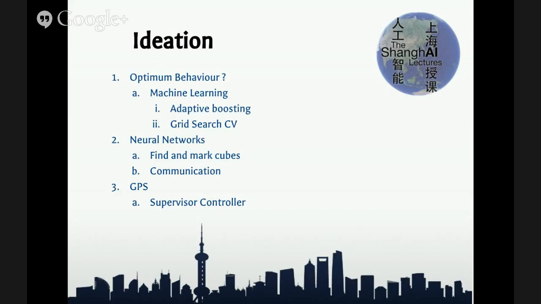There was another idea of using GPS systems, which is the global positioning sensor nodes, using a supervisor controller robot. The supervisor controller robot was used to guide all the other robots, telling them where to go and where the other robots have encountered a cube before. But since the Swiss robots are a basic form of robots and they do not rely heavily on communication, this idea was not quite feasible.